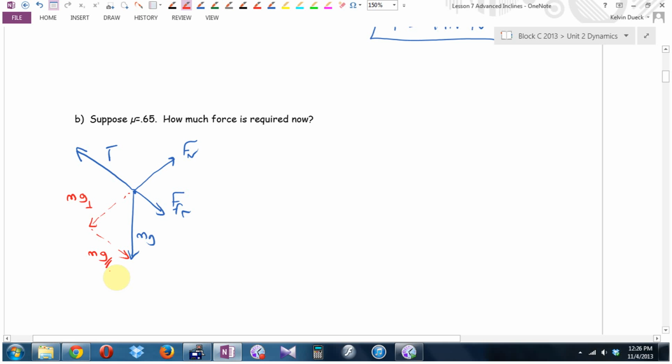Is that okay, Josh? It's a tie, constant speed, so tension is canceling out the forces down the hill.